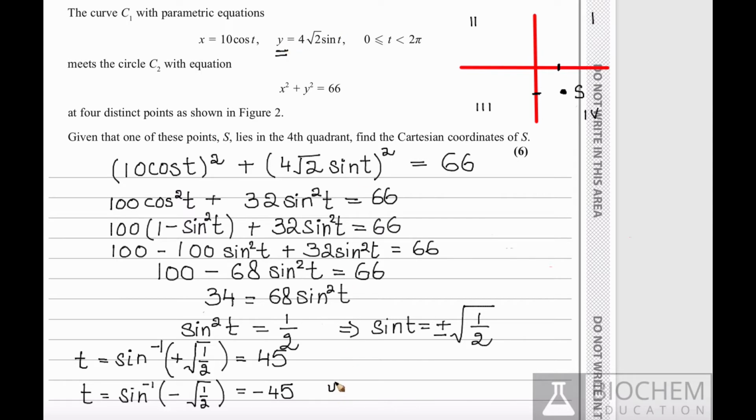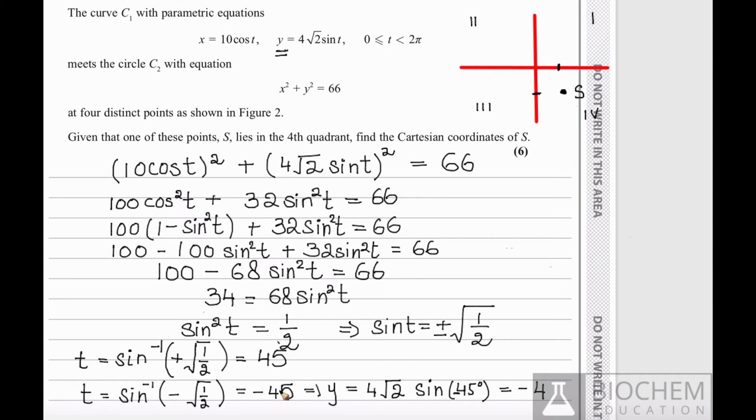Hence, we can write this as y equals 4 under root 2 times sine of negative 45, sorry, and this will give you an answer which is negative 4. Now we need a positive value for x.